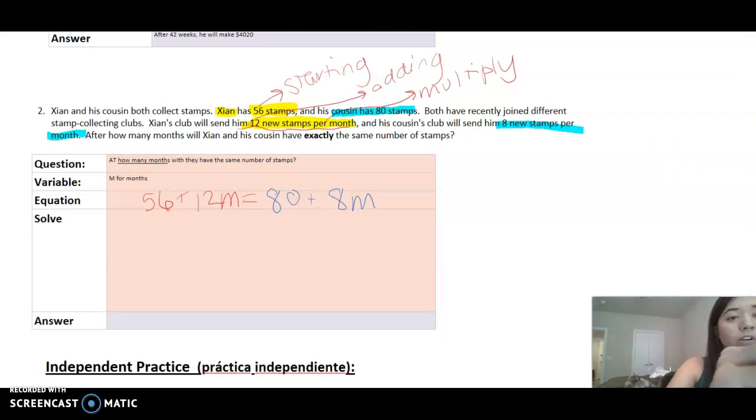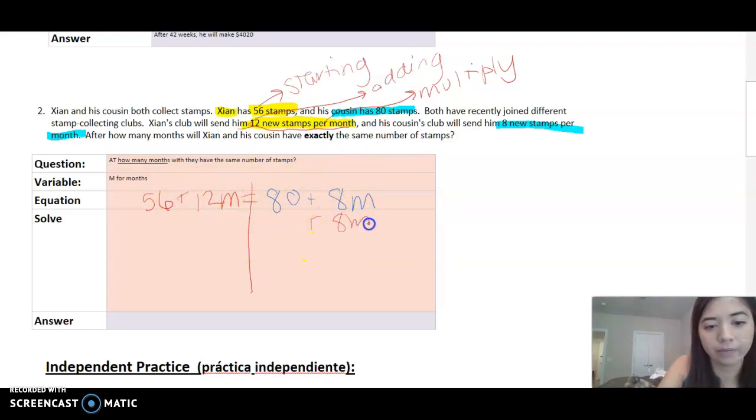Just like earlier this week, I've got variables on both sides here. I can see my 12m versus my 8m. So I immediately know I need to get my variable to one side. So I'm going to subtract 8m. 8m is the smaller one, so let's move that. And I get 56 plus 4m equals 80.